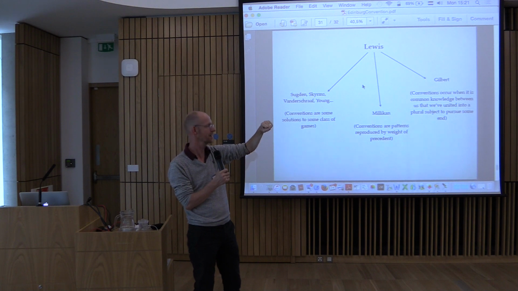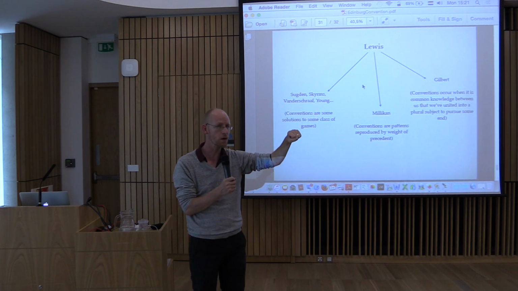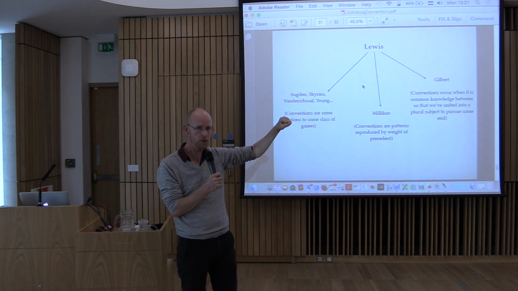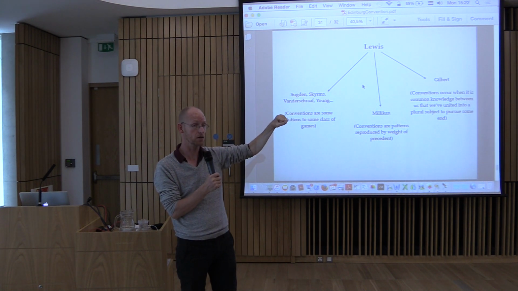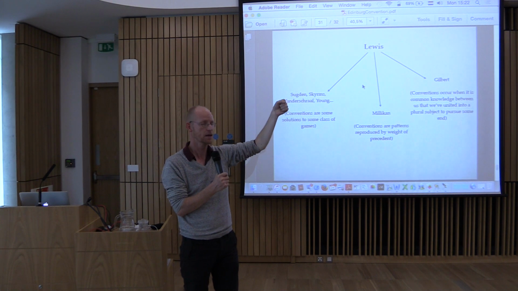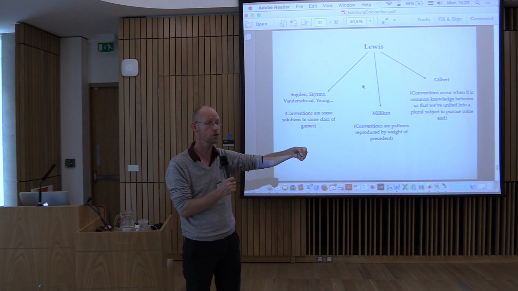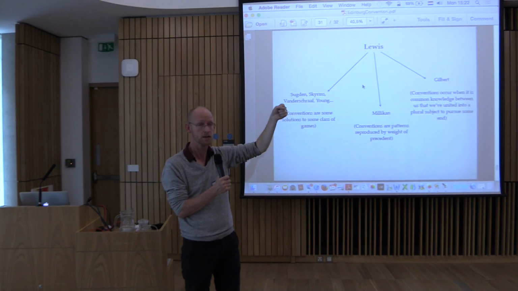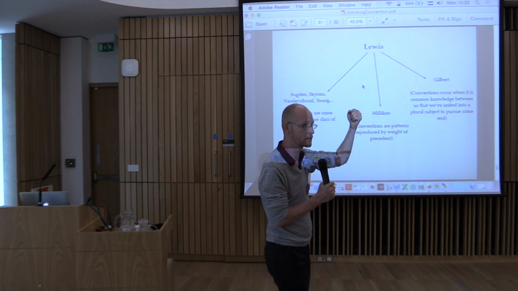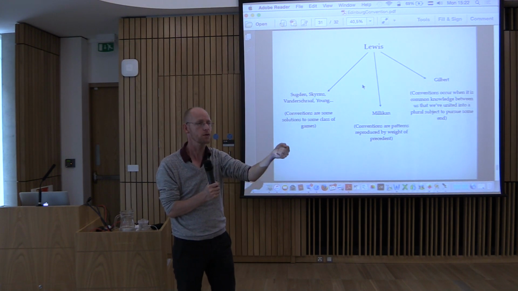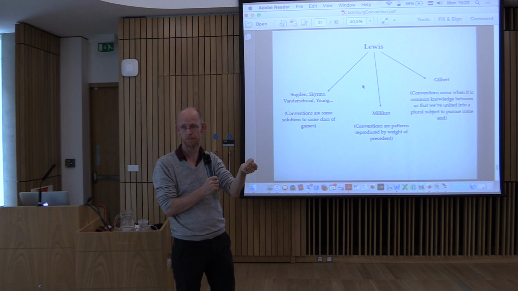Then this analysis explains why you would stay with that solution, because you have no reason to do any better, and you expect that the other will do his part, and if he does, then you have no good reason to do anything else. So what David Lewis explained, and everybody agrees with that, is that if we have a convention, you can explain why this convention remains stable.